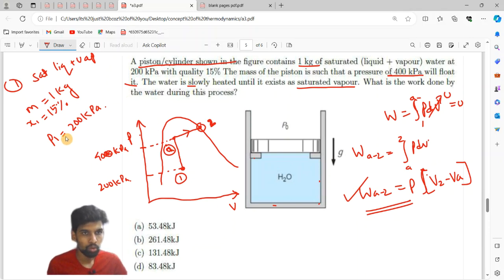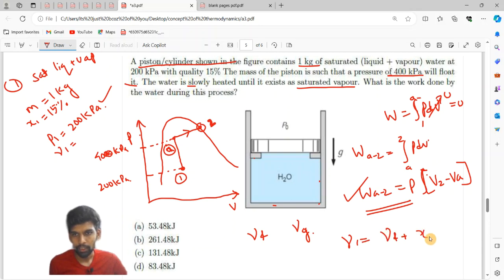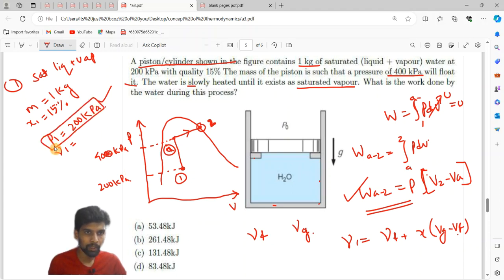So how can we calculate V2 and VA? Since V1 we can calculate from the table, at 200 kPa we can get Vf and Vg. From there we can calculate V1 as Vf plus x times (Vg minus Vf). From the pressure table, we look at 200 kPa, and in that row we will find the Vf value and Vg value.